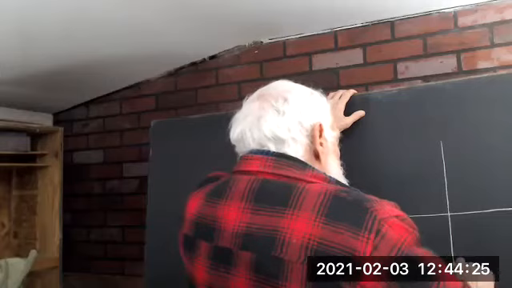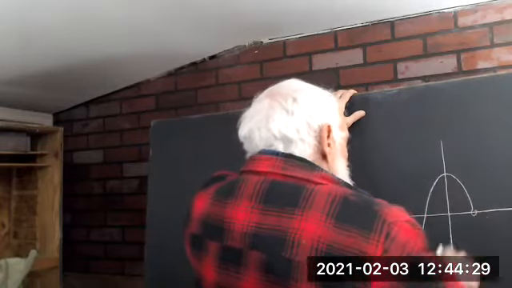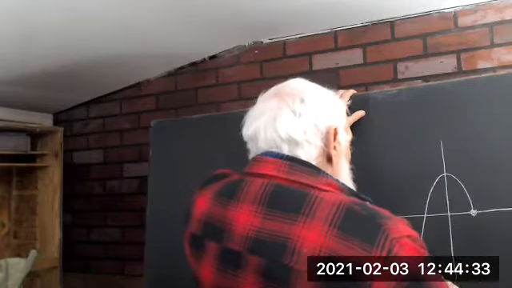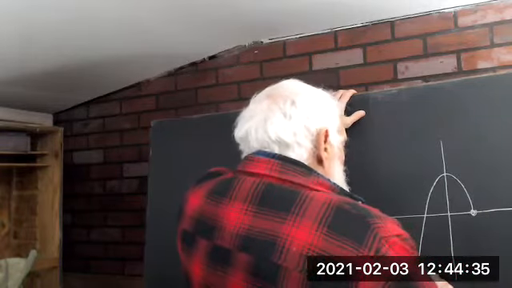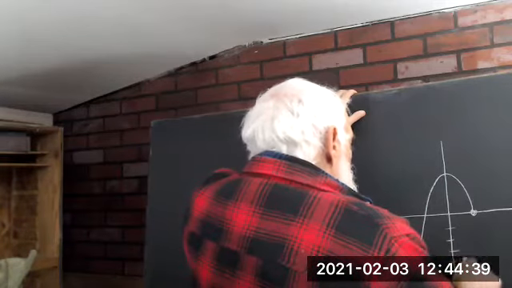Okay, so what I see on one of your problems is that you've got a graph that looks something like this. And maybe this is closed, maybe it's open, I don't know. And this is closed. And down here, you got 1, 2, 3, 4, 5.